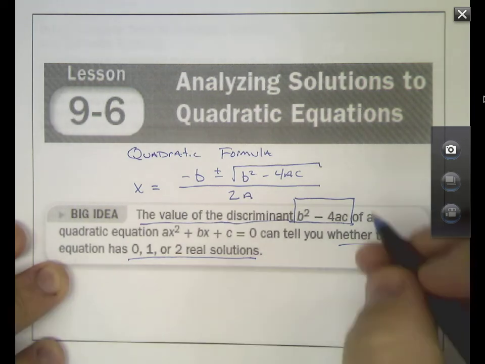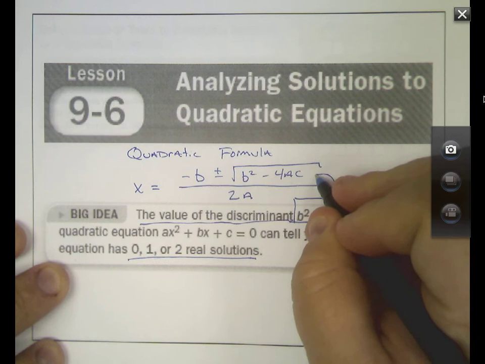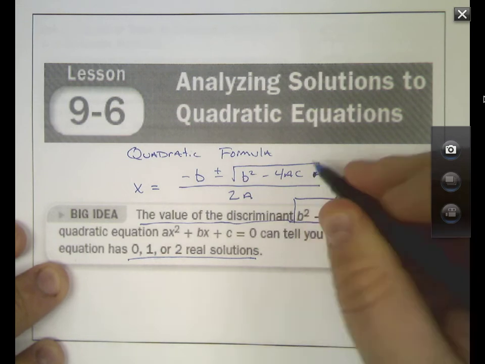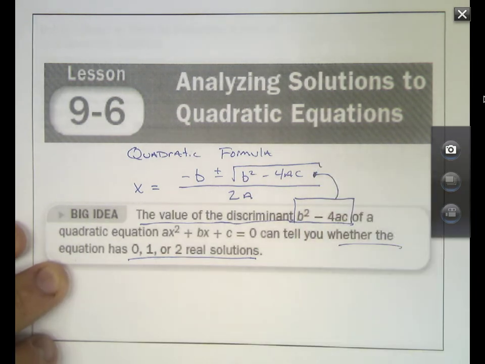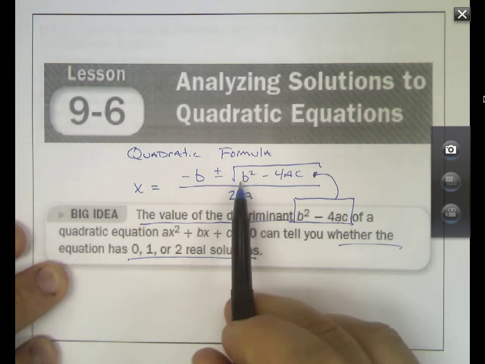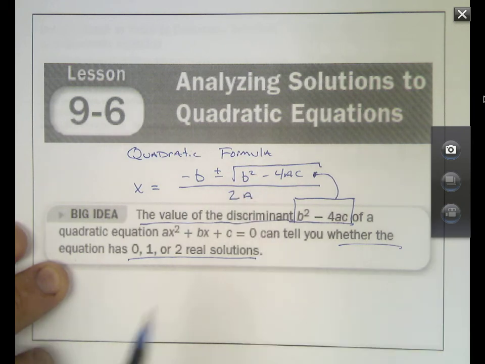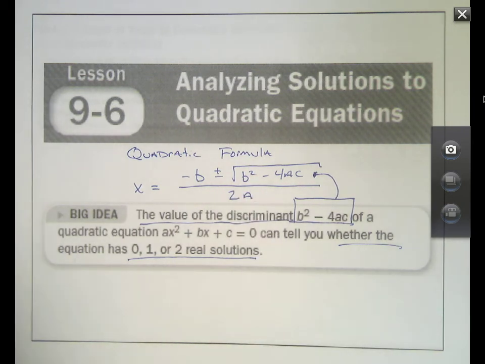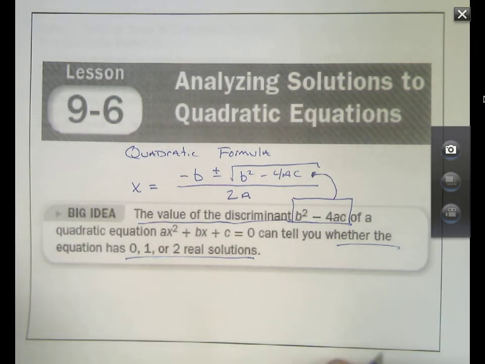Where does b squared minus 4ac come from? It comes from underneath your square root sign. So that little equation tells me if I have two solutions, one solution, or 0 solutions. Let's go ahead and dive into this.